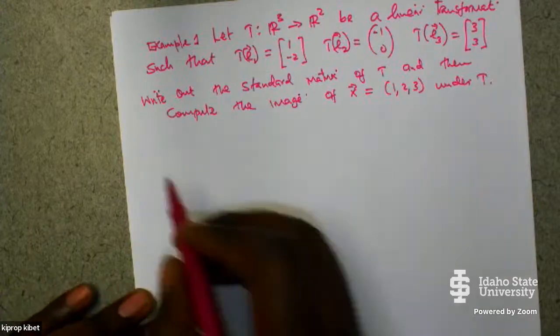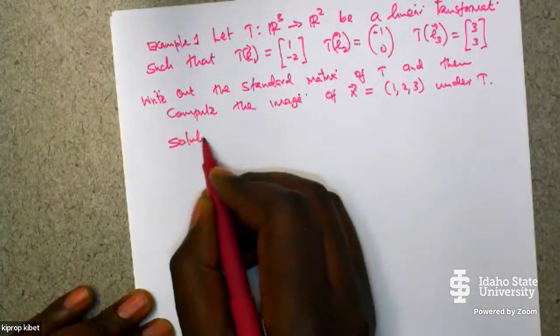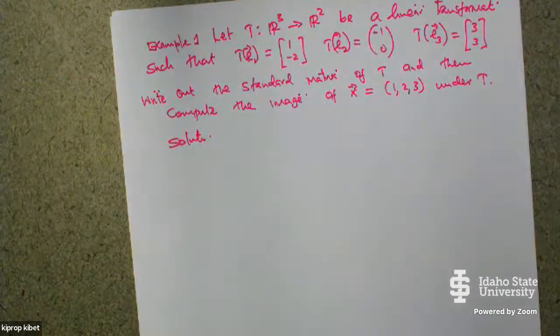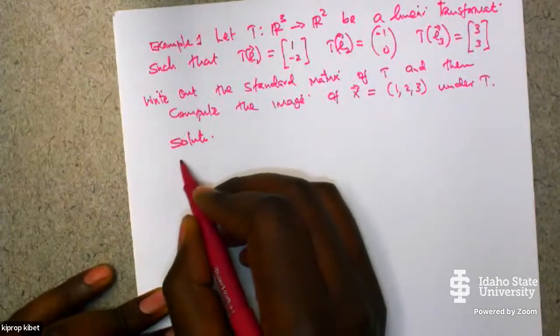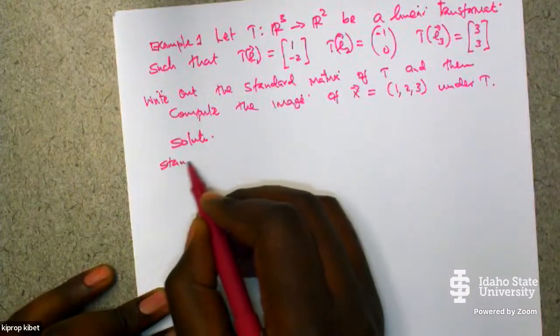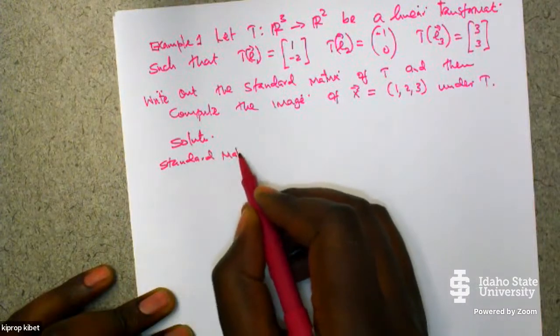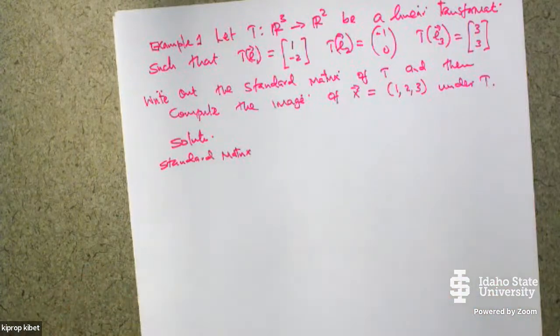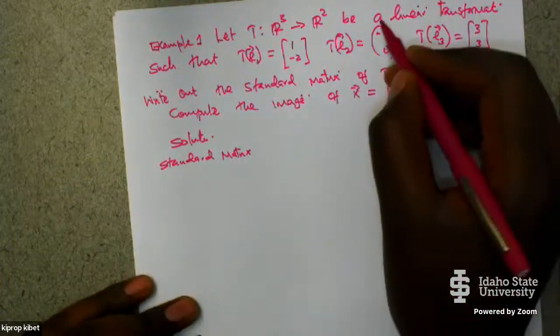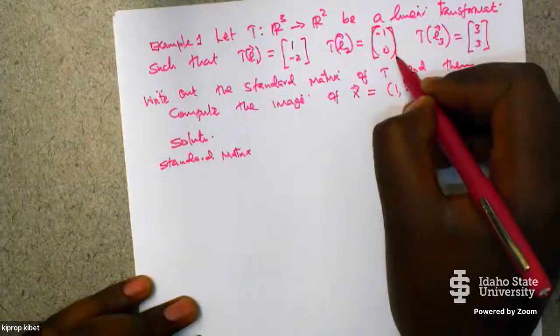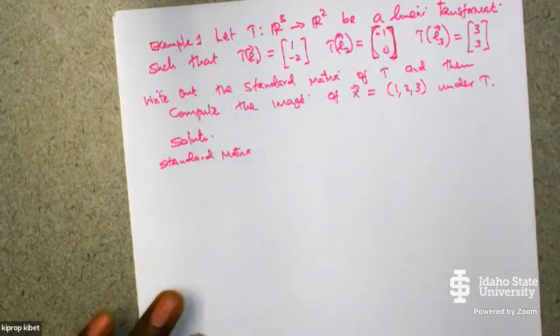Solution. Let's start from the first one. Let's now write the standard matrix of this. From the theorem that we just had, the standard matrix of T. Actually, this is written with a square bracket, not a parenthesis.